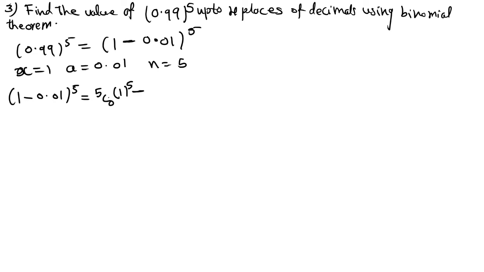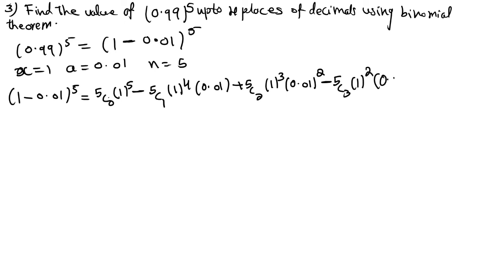Whenever suffix of C is odd, put minus, then 5C1 into 1 to the power 4 into 0.01 plus 5C2 into 1 to the power 3 into 0.01 square, then minus 5C3 into 1 square into 0.01 cube, next plus 5C4 into 1 into 0.01 to the power 4, then minus 5C5 into 1 to the power 0 is 1, 0.01 to the power 5.